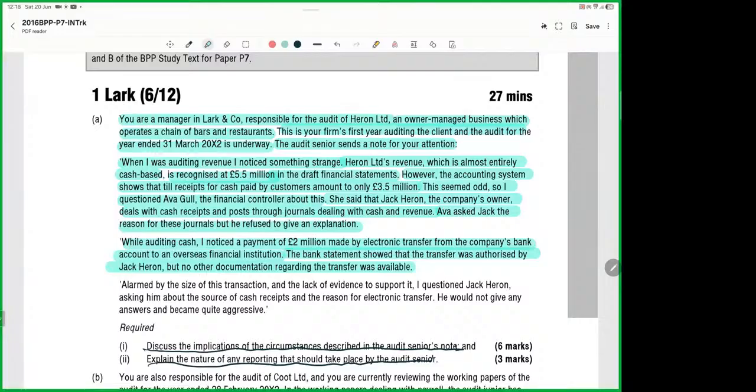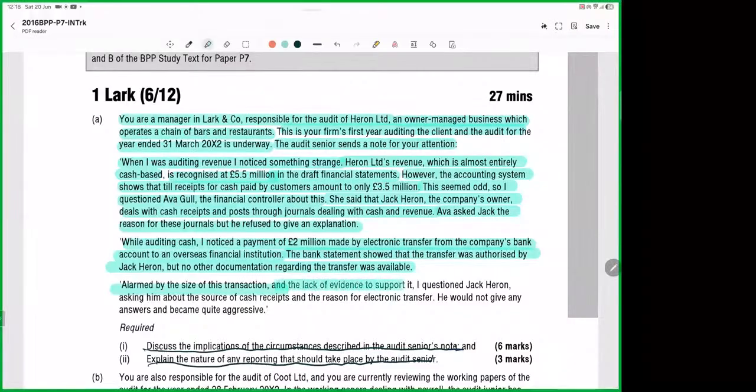You don't have an invoice, perhaps, from this international company. A lot is wanting. Alarmed by the size of the transaction, 2 million pounds is a lot of money. That will be close to 300 million Kenya shillings.